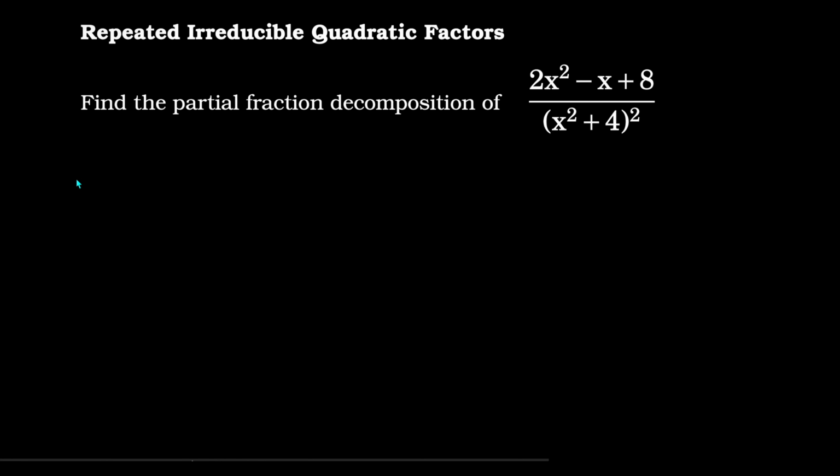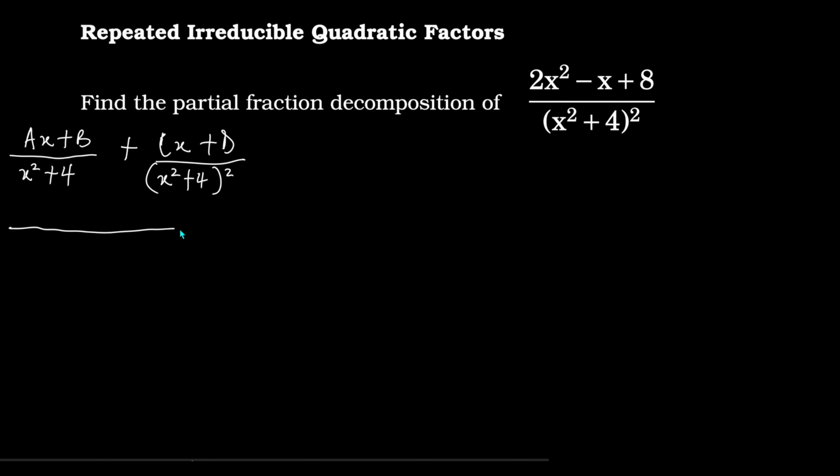So if we're going to break this down, we're going to have ax plus b divided by x squared plus 4 plus cx plus d over x squared plus 4 raised to the power of 2. So we're going to find a common denominator for this, which is going to be x squared plus 4 squared.